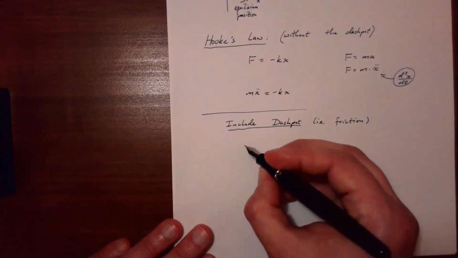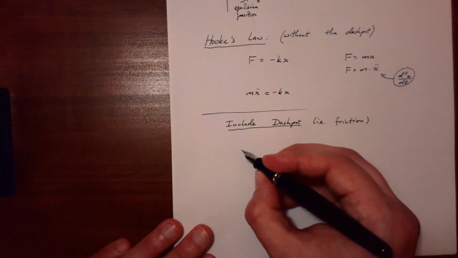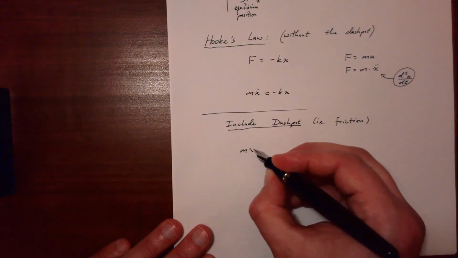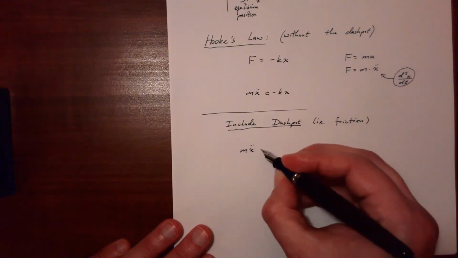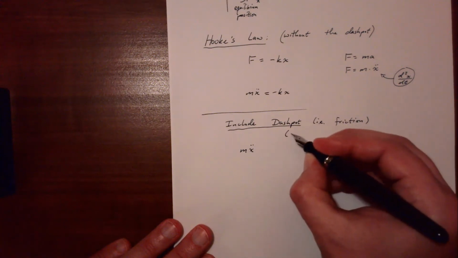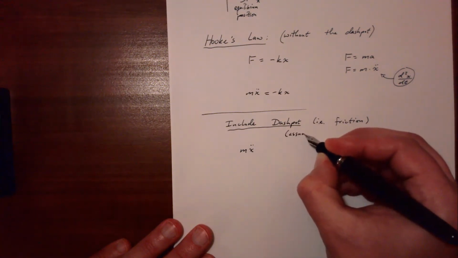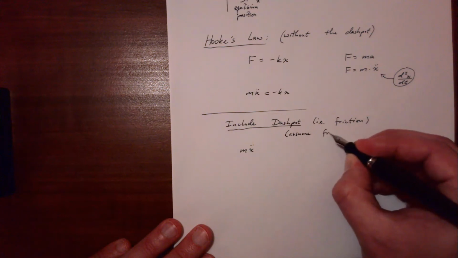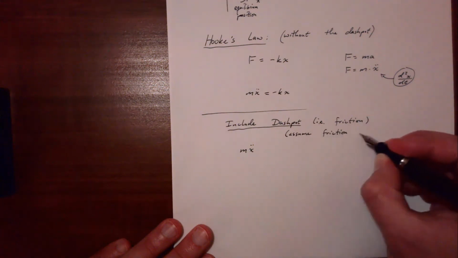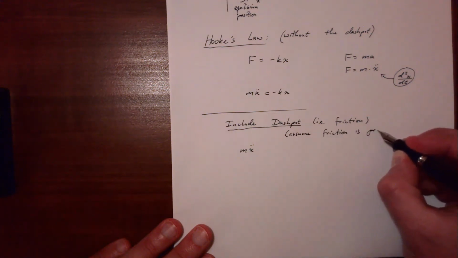then what we can do is basically assume the friction is proportional to the velocity.